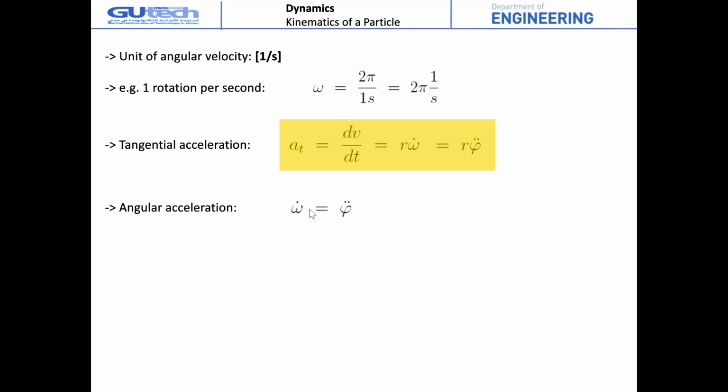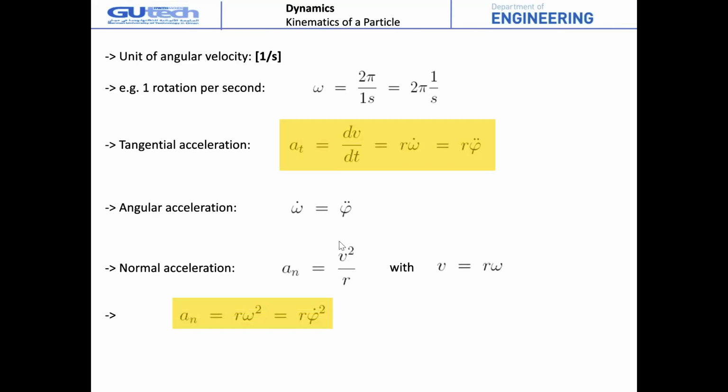That means omega dot is phi dot dot, and omega is phi dot. Then we get the normal acceleration. It's the velocity square divided by r, with v equal to r omega. Then we get the normal acceleration: r omega square, and it's r phi dot square.